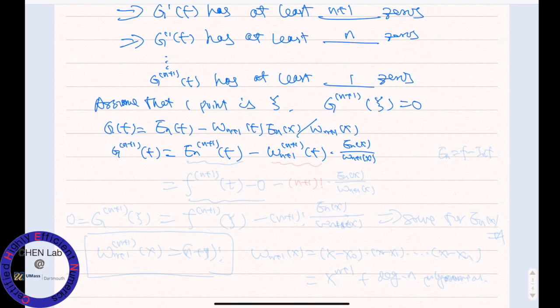So what is this? We know e_n is f minus p_n, right? e_n is the error. Here p_n is a degree n polynomial, the interpolant. If you take the n plus 1 derivative of a degree n polynomial, what do you get? Degree 2, you take the second derivative, degree 1, you take the second derivative, 0.